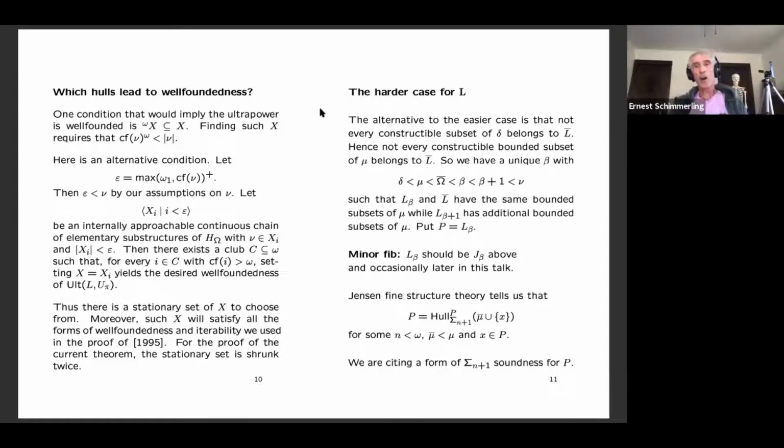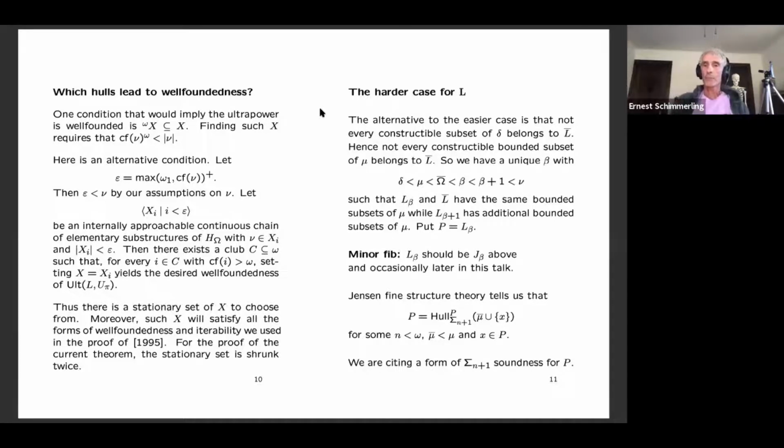And then later on, at the point where you add a new bounded subset of mu, beta, then less than beta plus 1. All of this stuff is less than nu because nu is a much larger cardinal in L. And L beta and L bar have the same bounded subsets of mu, while L beta plus 1 has an additional bounded subset of mu.